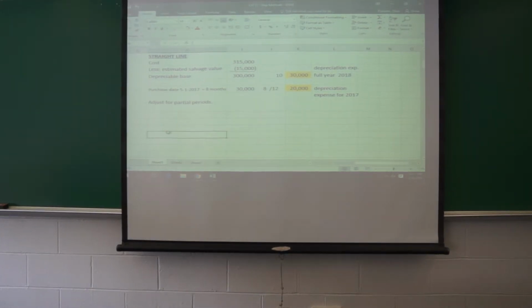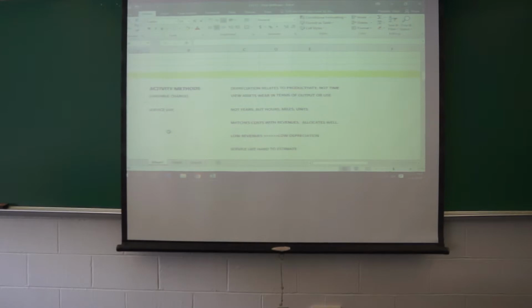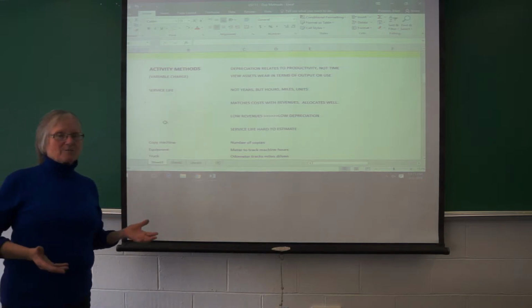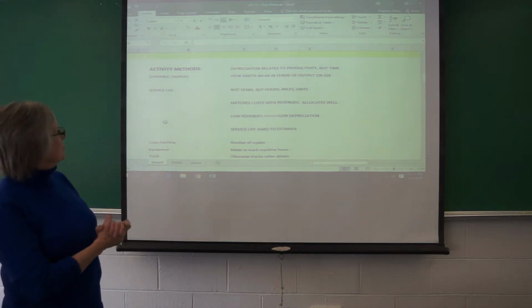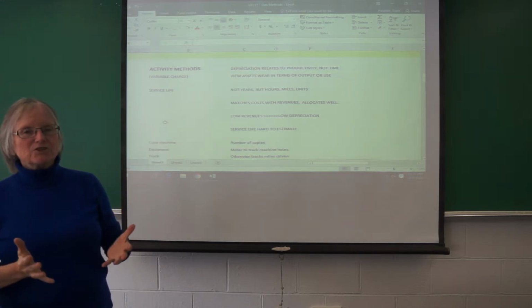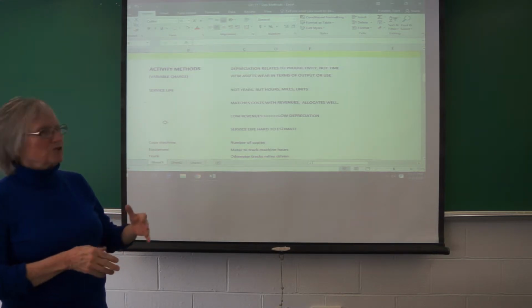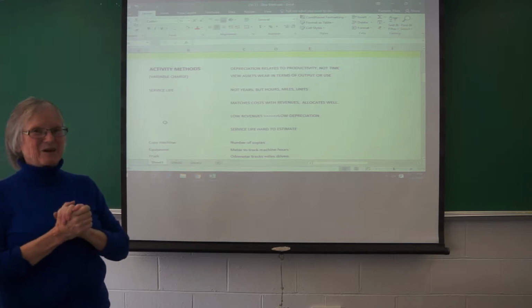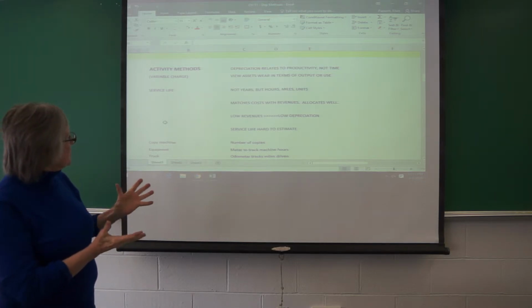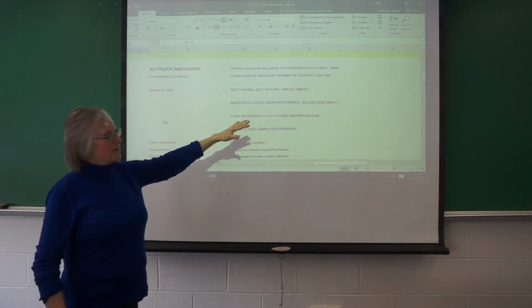Let's look at the units of activity, your activity methods. These are called variable charge, and they're based on how much the asset is producing or how much it is used. So the service life won't be measured in years, it'll be measured in hours, units, miles, something that has some activity to it. And so basically, if it's being used less, you're going to have lower depreciation.